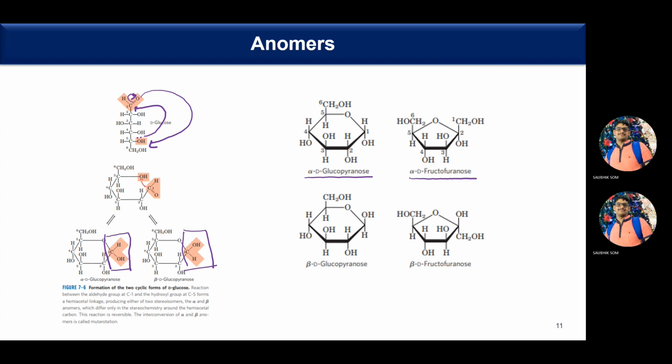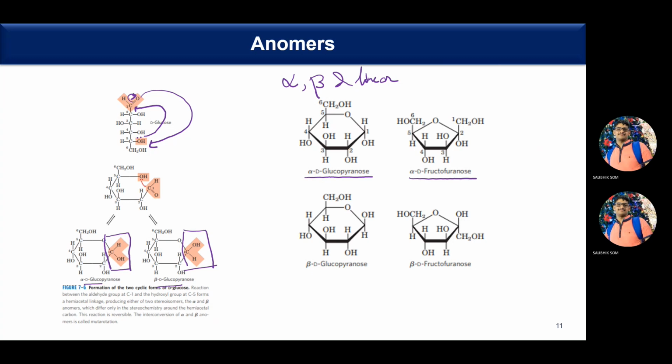So these are two anomers, alpha and beta. Remember, in nature you will always find, in glucose for example, alpha and beta anomers as well as the linear glucose in a solution at the same time. Okay.